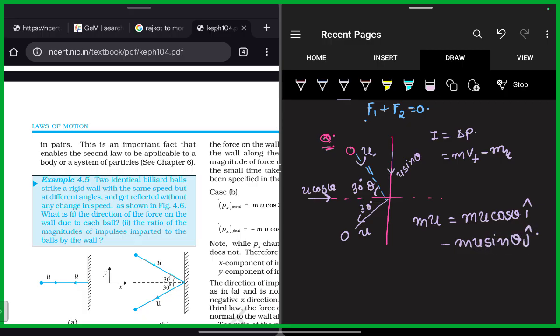Now the final momentum would be minus mu sin theta in j cap direction and minus mu cos theta in i cap direction.